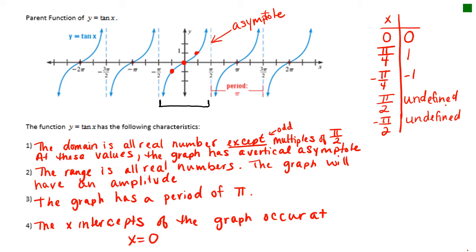So when we're at 0 radians, plus or minus pi radians, plus or minus 2 pi radians, plus or minus 3 pi radians, and so on. Okay, so that's where we have the x-intercepts.